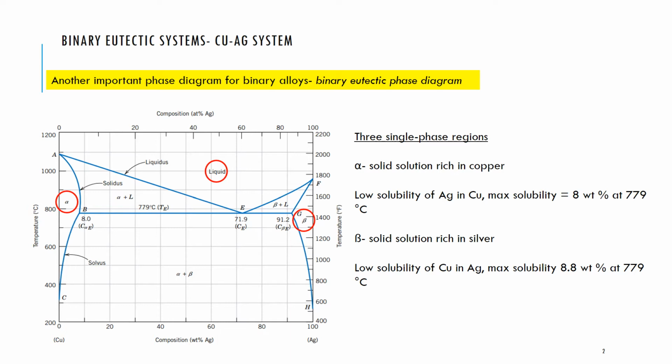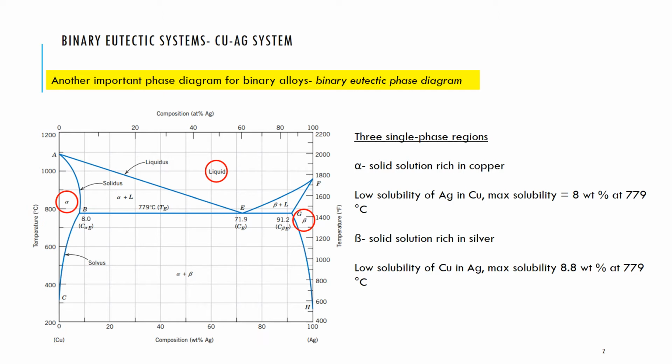If you look to the right-hand side of that phase diagram, you'll see that there is a beta solid solution that is also rich in silver. And this is a single homogeneous phase composed largely of silver. You'll also see that there is a liquid region. There's a liquidus line. It looks a little different in shape to the copper-nickel system, but nevertheless there is a liquidus line there.